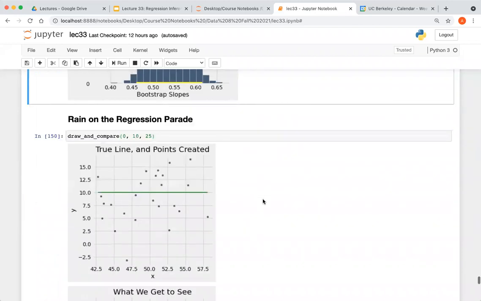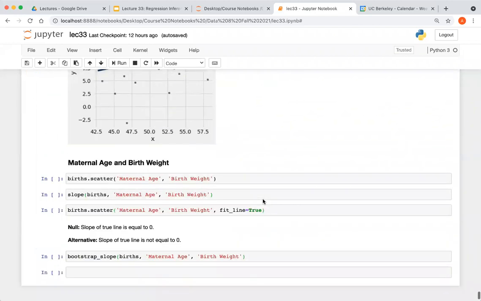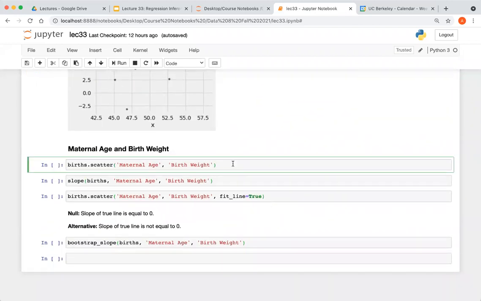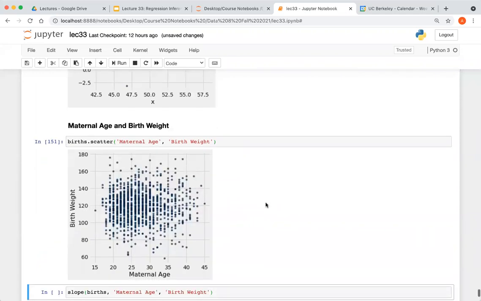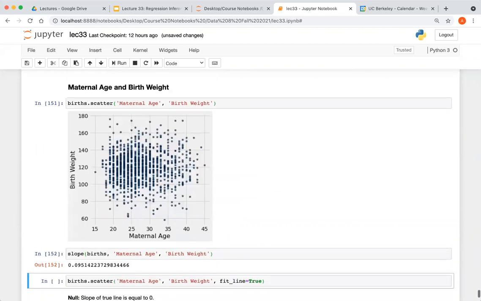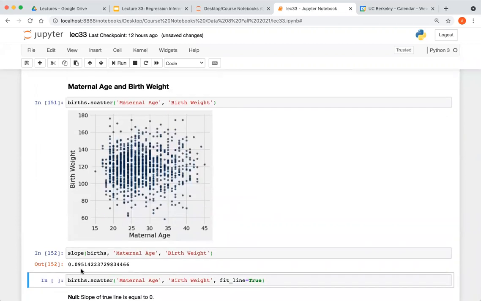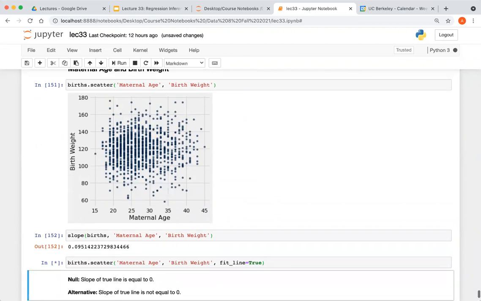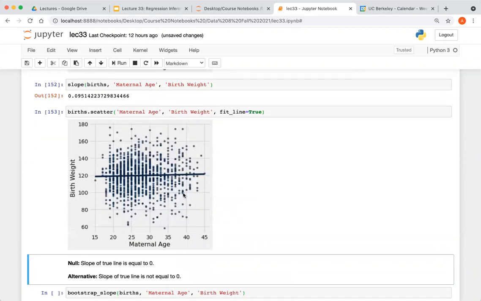This is something that you've done before. And I'm going to really rapidly run through a regression of birth weight on maternal age. Okay, it does not look like there's anything going on here, but if you calculate the slope, it's 0.09. Well, okay, so there's a line.